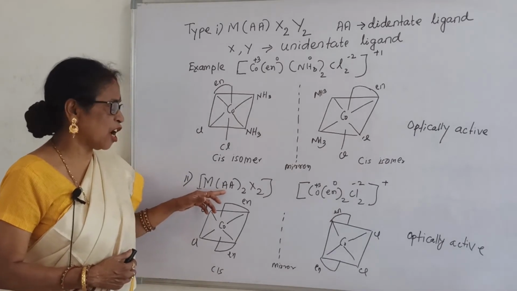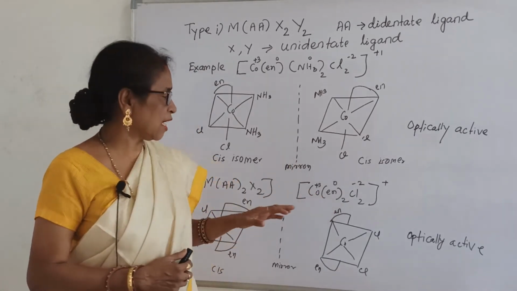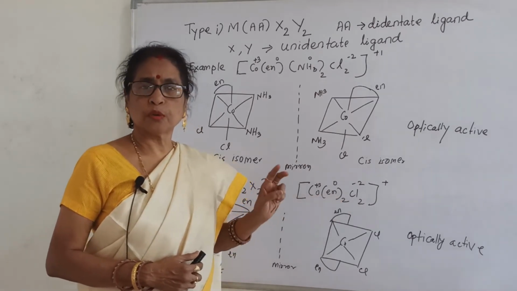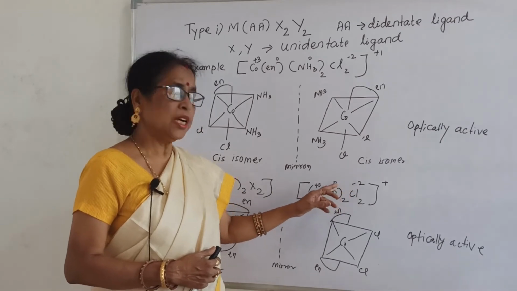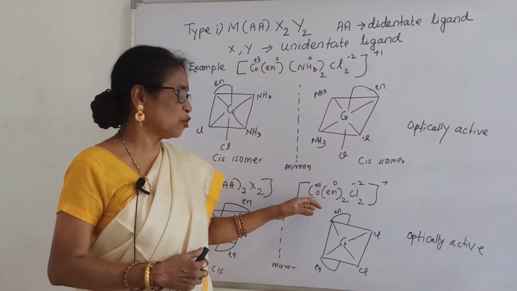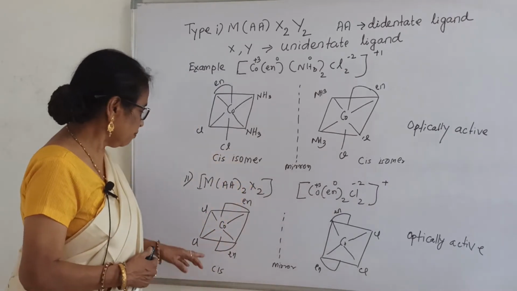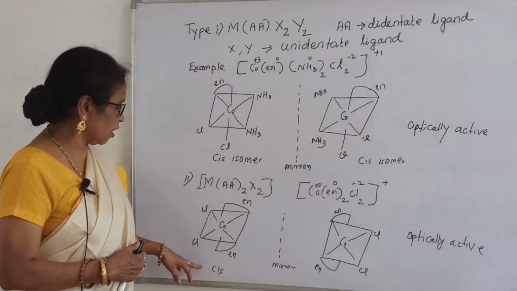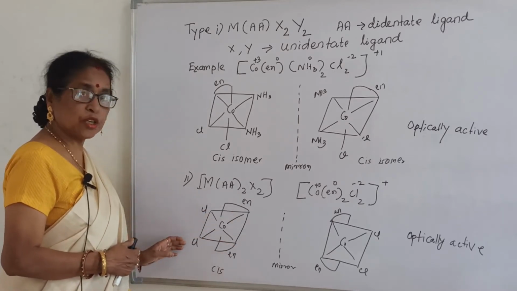Similarly, take the example ethylene diamine, or 1,2-ethane diamine, two times, and chlorido two times, that is why coordination number 6, chlorido is -2, ethylene diamine is 0, and so cobalt is +3, that is here a +1 charge. Now if you see the cis isomer, then en one side, ethylene diamine one side, chlorido one side.